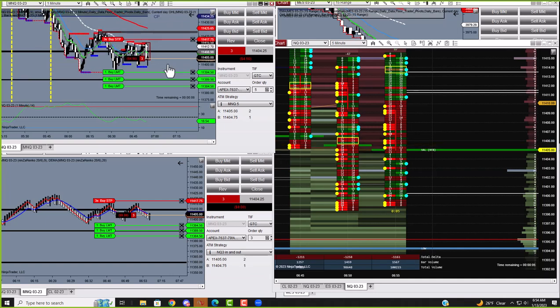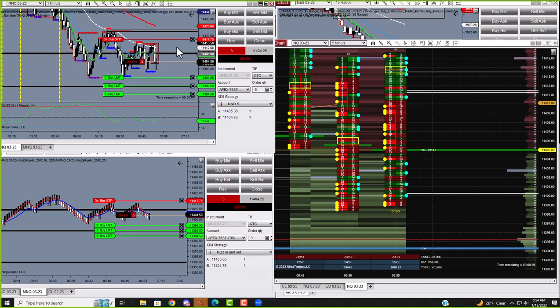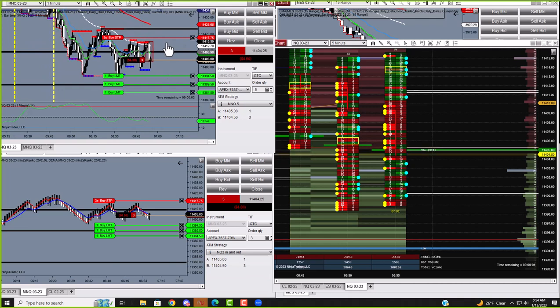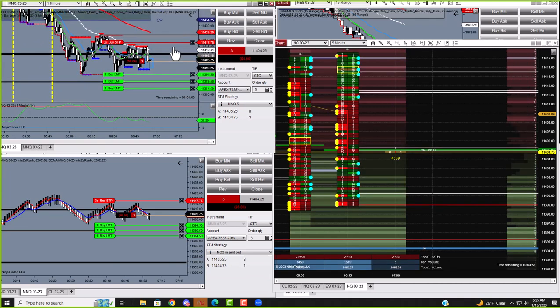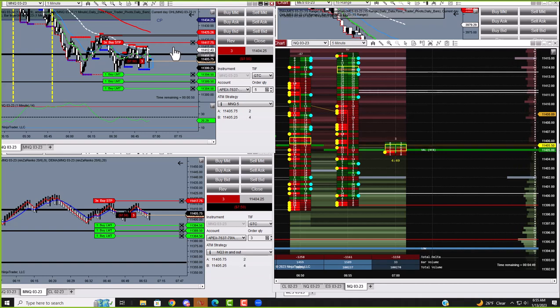I mean, we got a lot of sellers sitting here, though. NQ looks like it's coming back to 390. It's kind of the chop zone right here.